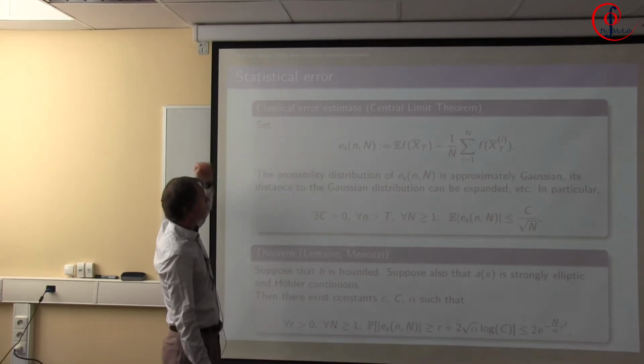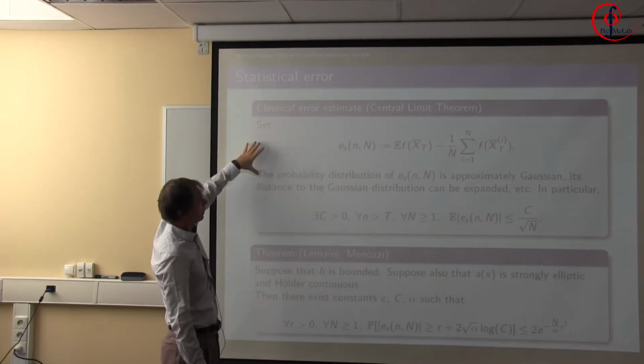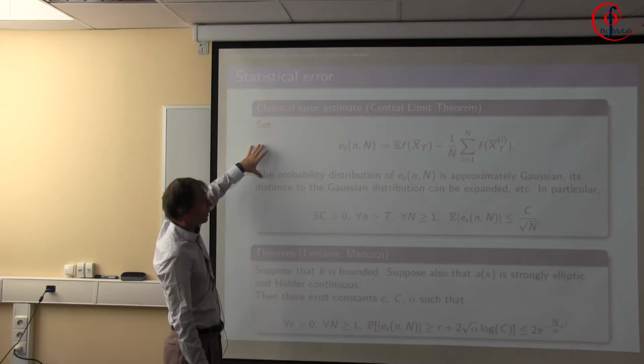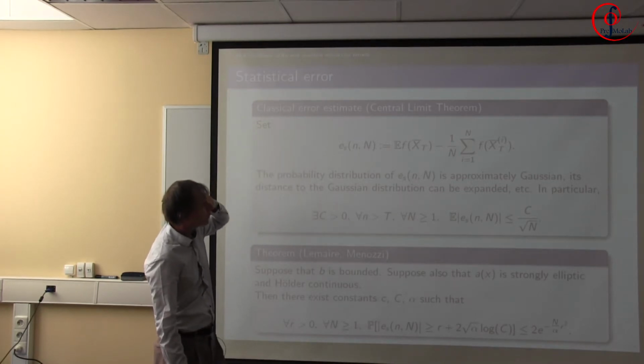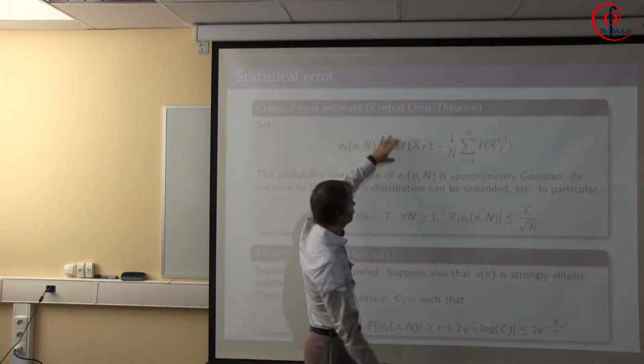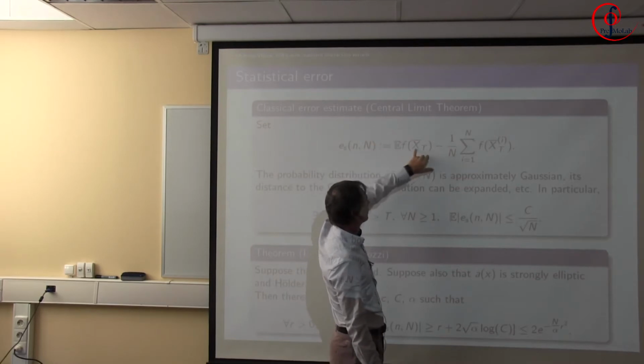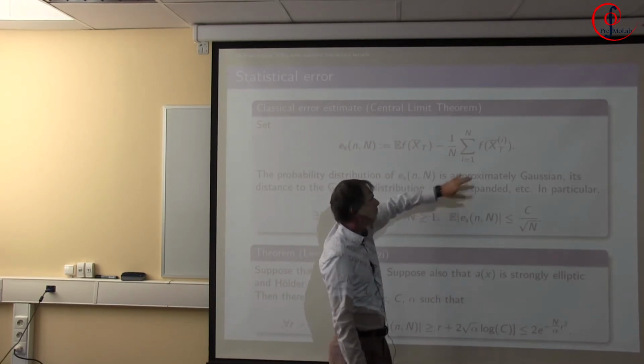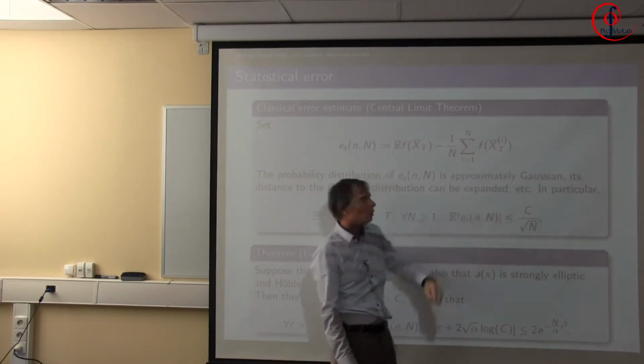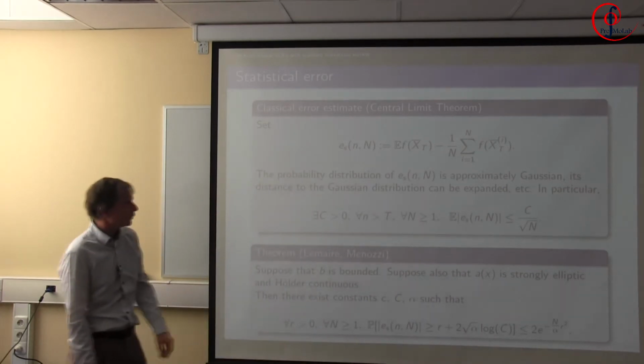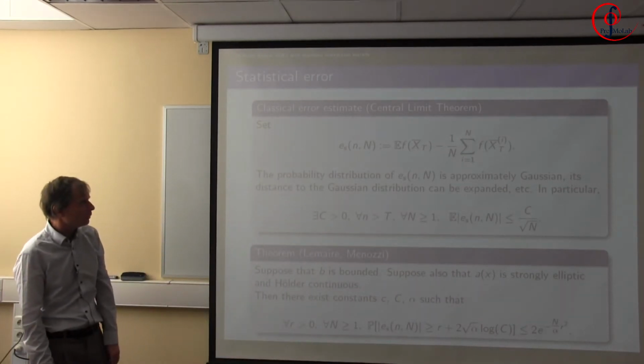What about the statistical error, which means the error due to the fact that you approximate the distribution of X bar by the empirical measure of your simulations of the Euler scheme?